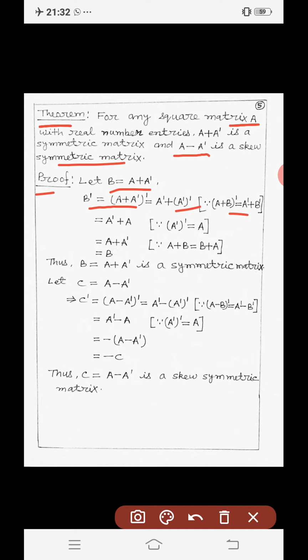And this is equal to A transpose plus A. Here the reason given is transpose of A transpose is equal to A. This is also related to the property of transpose of a matrix. And this is equal to A plus A transpose. The reason is A plus B is equal to B plus A. And this is equal to B. Thus, we get B equal to A plus A transpose is a symmetric matrix.